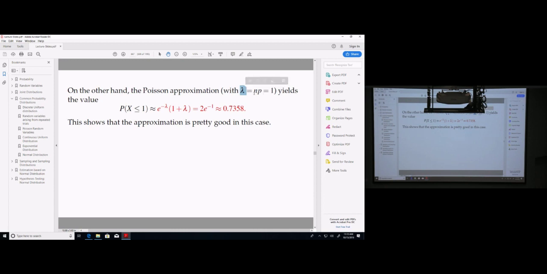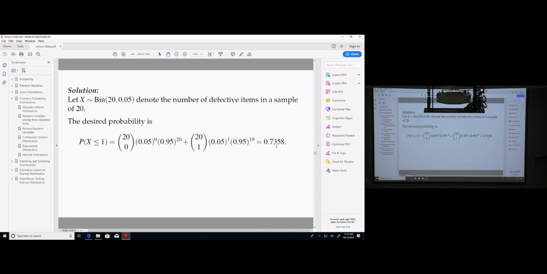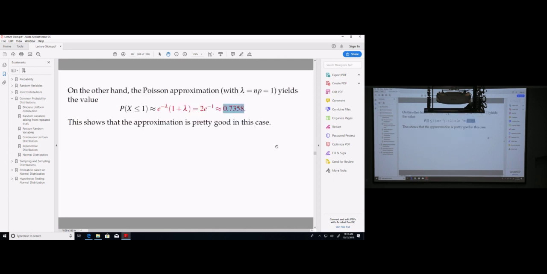The mean of the binomial is n times p, which is 1. So you will see this is the approximate value, and this is the exact. So I think it matches up to the 4 decimal places. So here n is not very big.